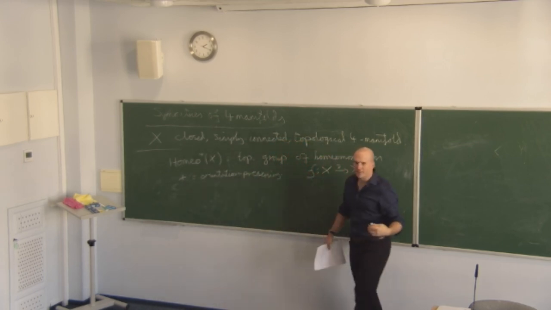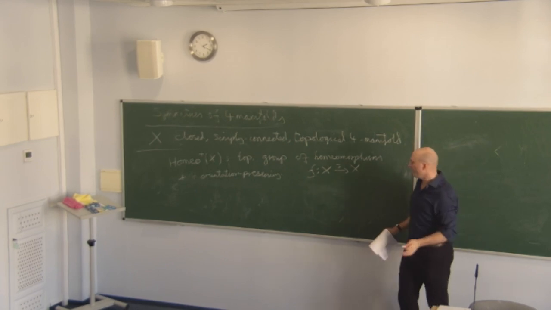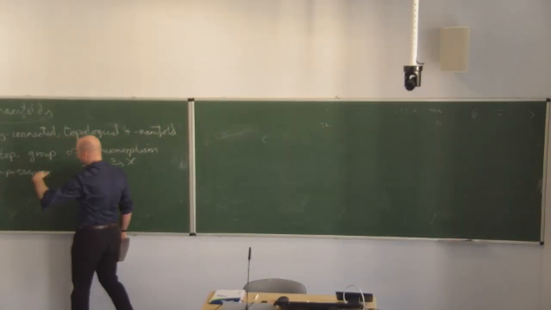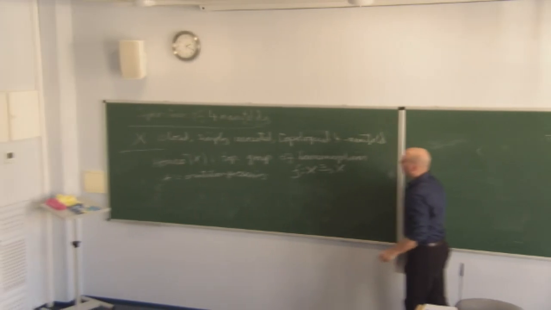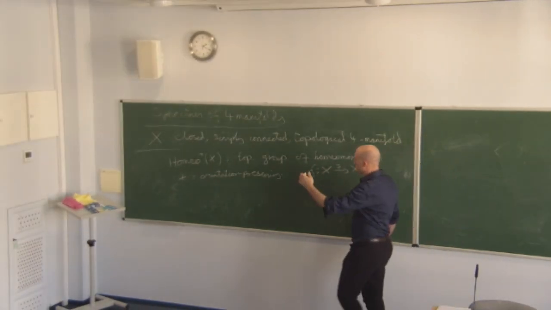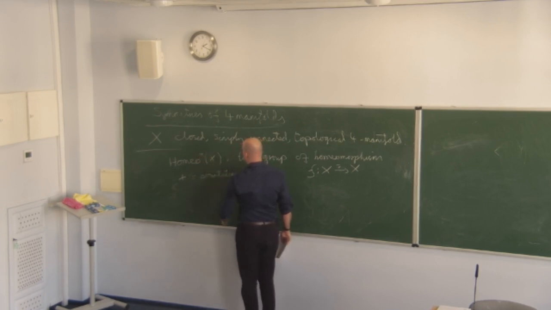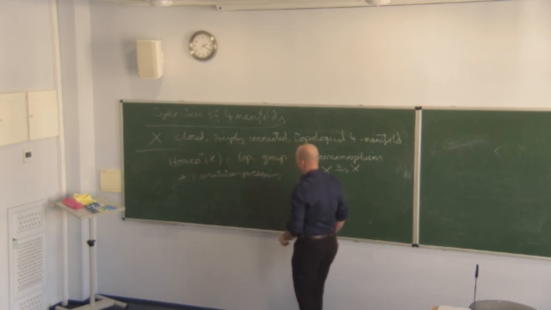That only makes sense if X is orientable. For simply connected manifolds it's automatically orientable, but in general it might not be, but if it is, then we can put this plus here and consider the orientation preserving ones.